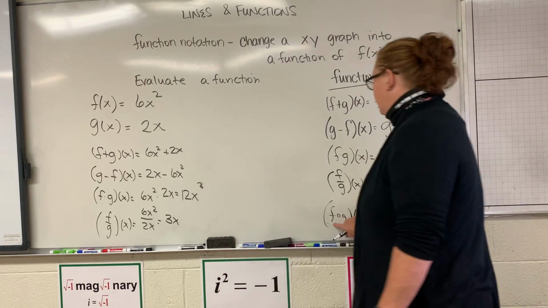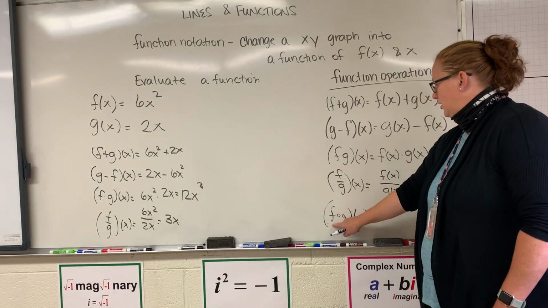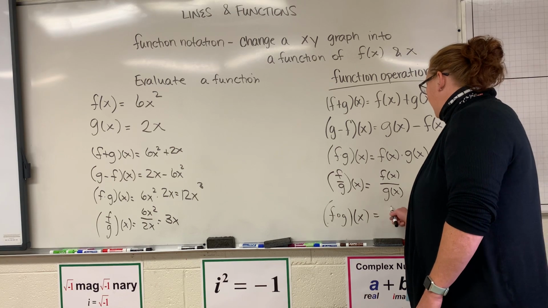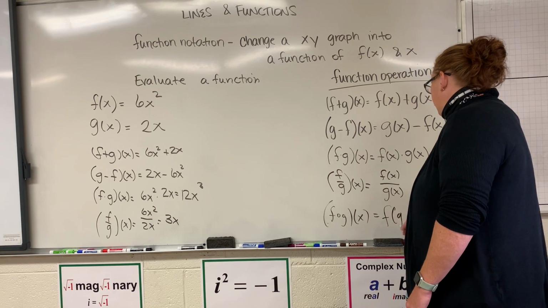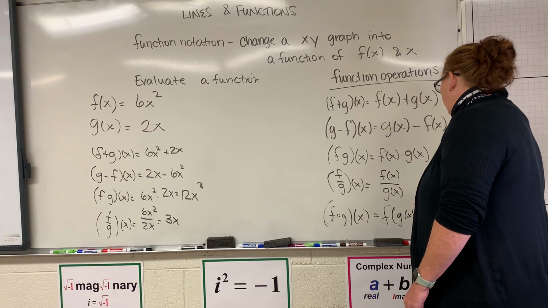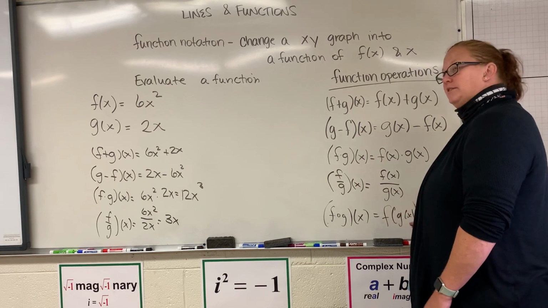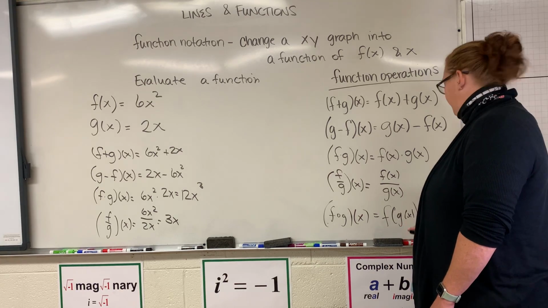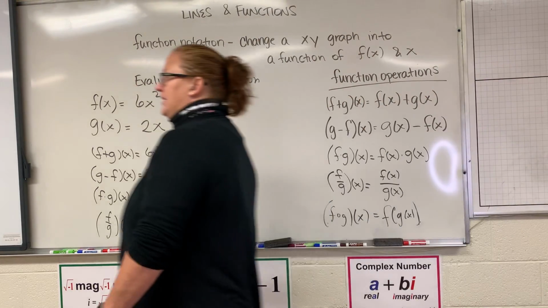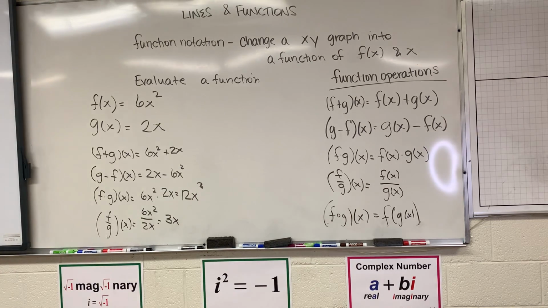Okay, and it's also done in order from left to right. So when I write this, I'm going to say f of g of x. What I have now is an evaluating function. So it's saying evaluate f at g of x.